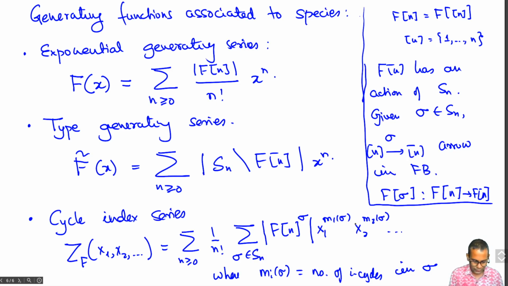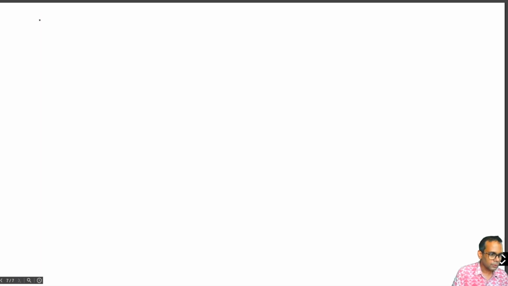Okay, let's compute these in some examples. Let's compute it for F equals S, the species of permutations.